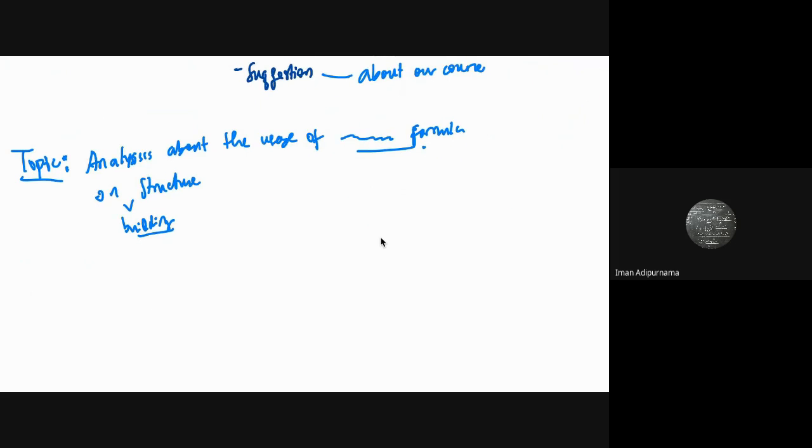So you can write down the intro, for example. Maybe you can start with why this topic is important. Then you can state the background, or your objectives, what you want to show.